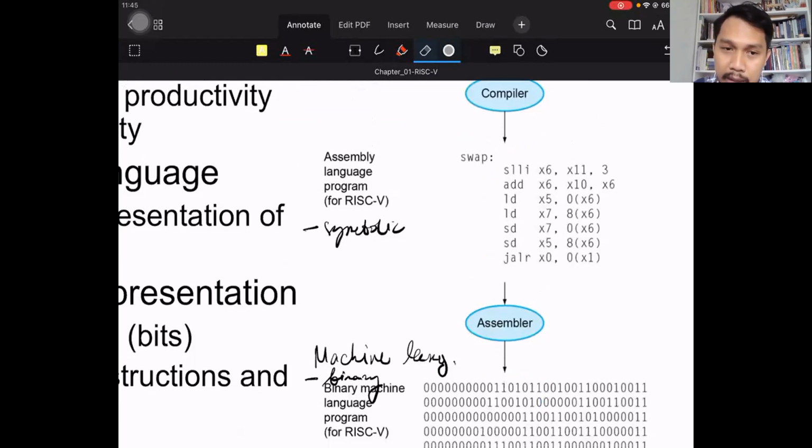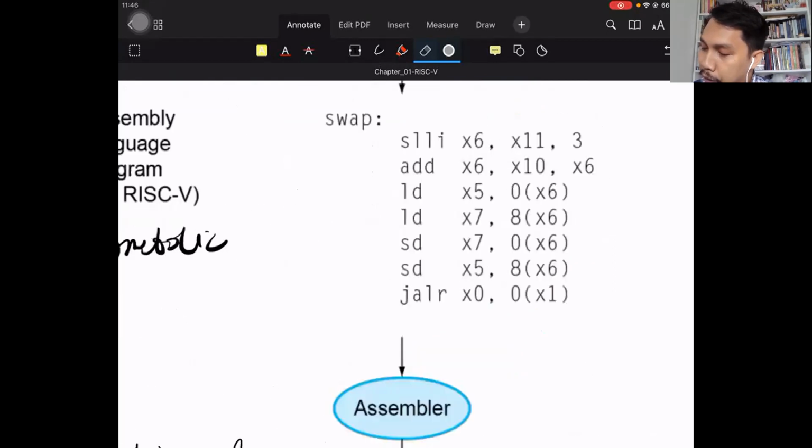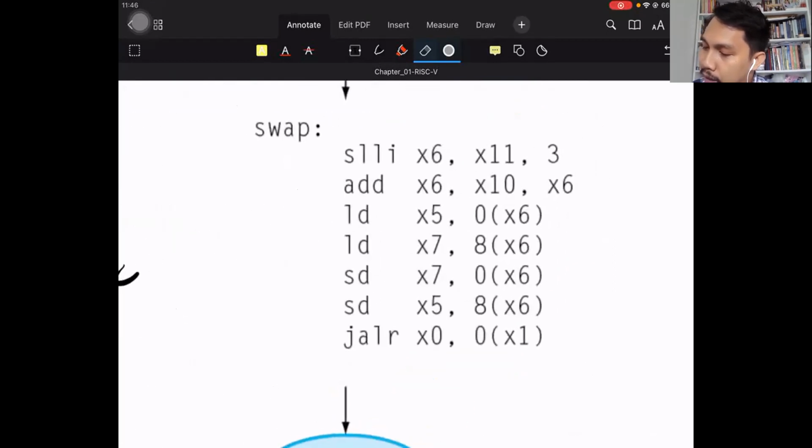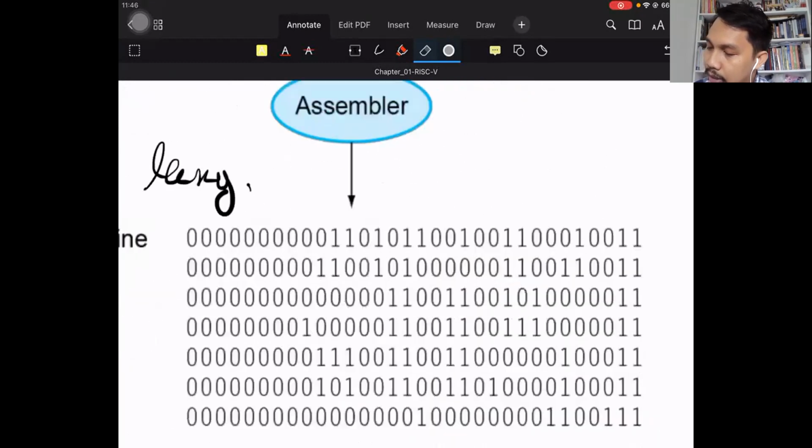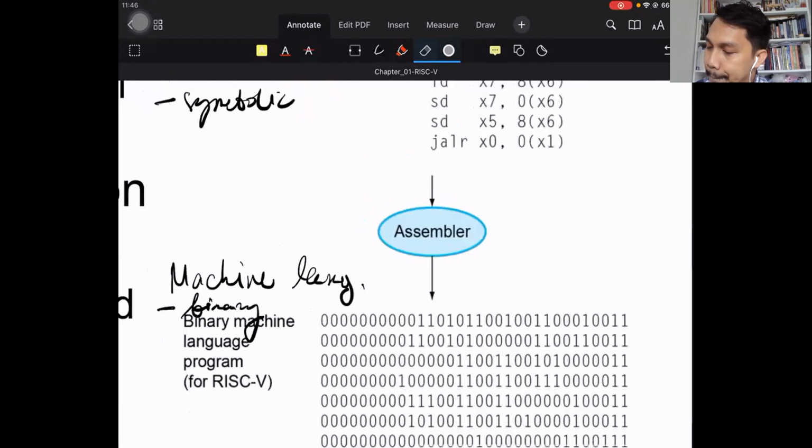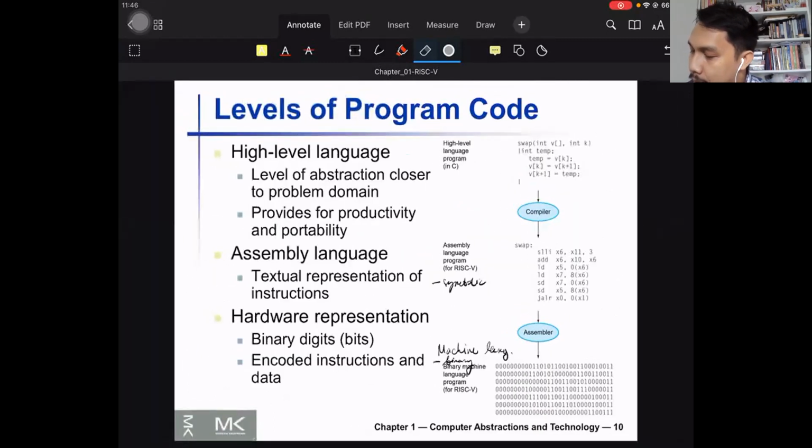Whereas the assembler is a program that translates the symbolic version to binary. The question is how to translate into only ones and zeros. That's the task of the assembler. No need to define further.